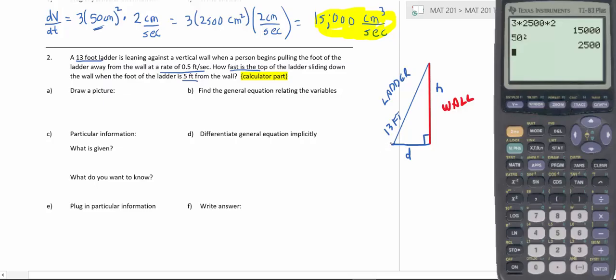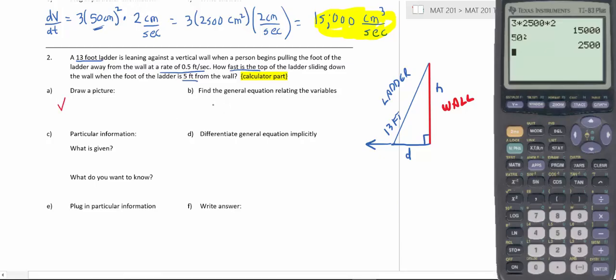This person is moving that base like that, so that angle is getting smaller also. The ladder is going to continue to change over time, and eventually we'd have a ladder that would be flat on the ground. That would be the situation we have with the picture.